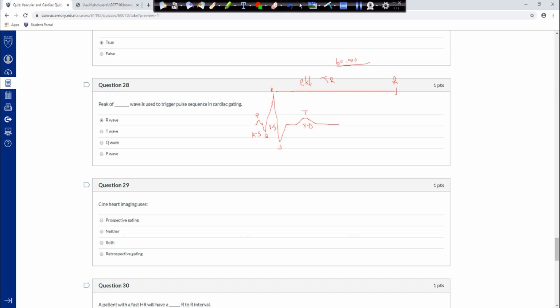There's 60,000 milliseconds in a minute, and then you divide it by the beats per minute. That gives us our effective TR of 1,000. So if we need a proton density or a T2 weighted image, we need to wait several TR periods or R to R intervals to get our appropriate TR.